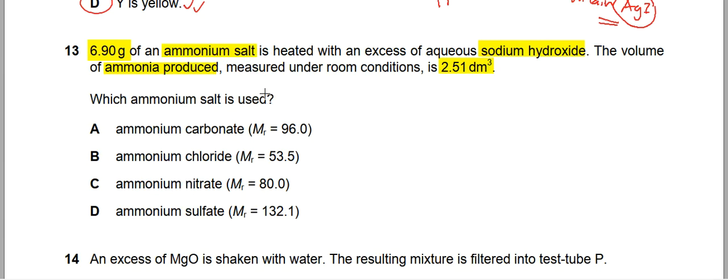So the first thing we can do is work out the number of moles, because we have 6.9 grams. So we take 6.9 gram, divide by the molar mass here, so we can get the number of moles for each of them.